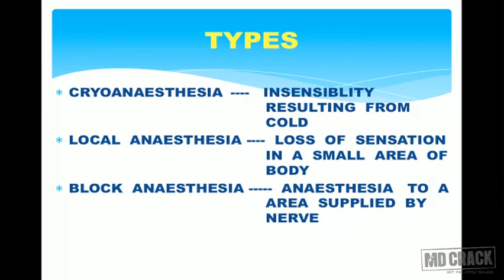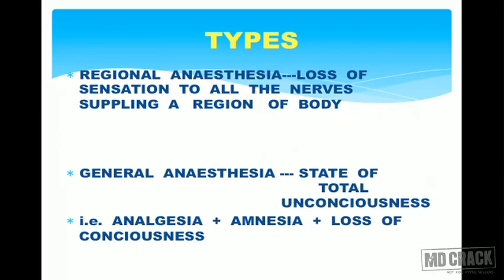Block anesthesia, in which anesthesia is achieved by blocking the nerve to an area supplied by it, that is anesthesia achieved to a part of the body which is supplied by a specific nerve. Then there is regional anesthesia, where there is loss of sensation to all the nerves supplying a region of the body. General anesthesia, that is a state of total unconsciousness, which includes analgesia, amnesia, and total loss of consciousness.